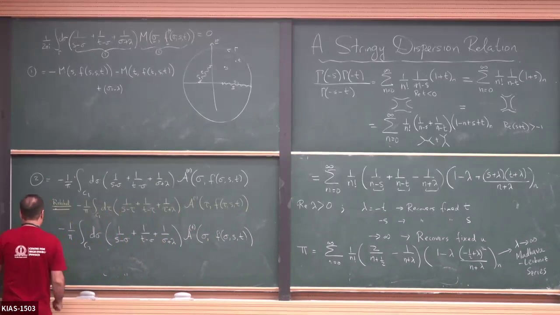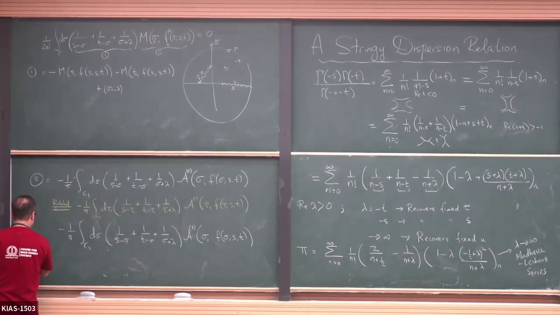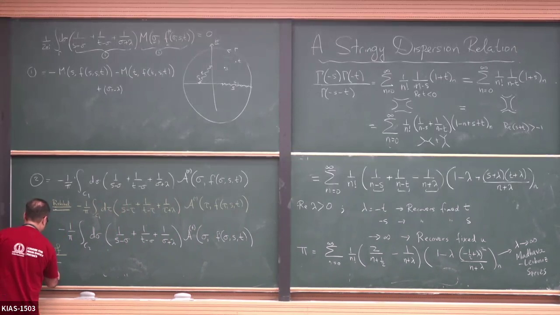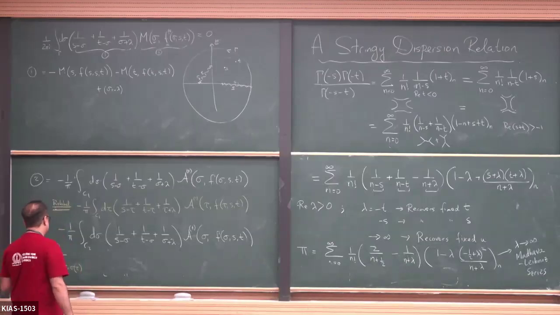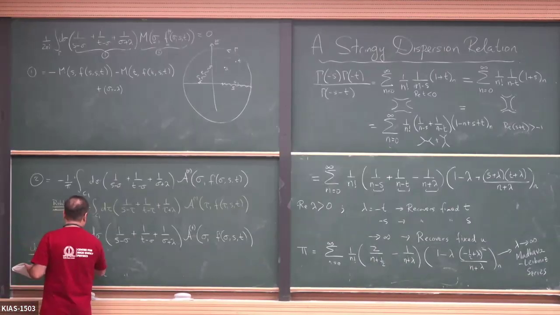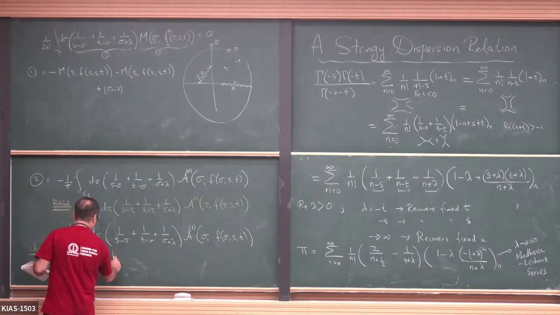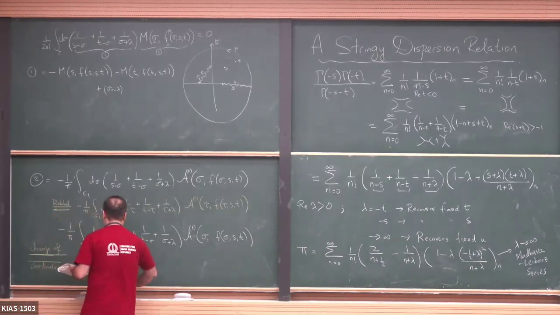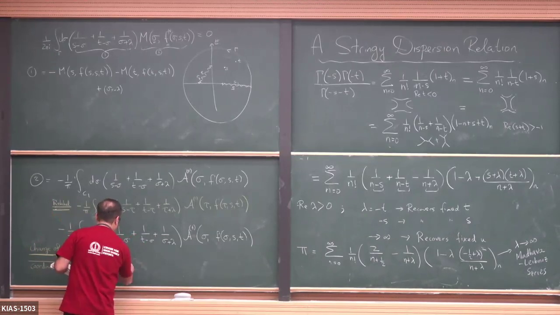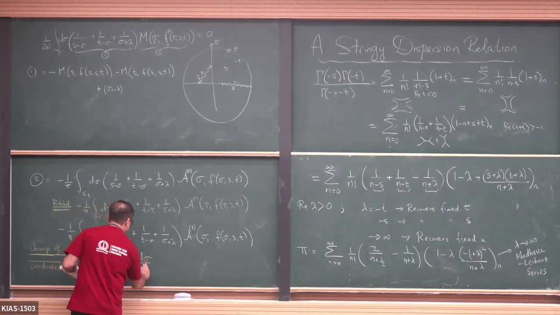And in the second line, this guy, I'm going to do a change of coordinates. A change of variables from sigma to sigma of tau. So that is going to give me an integral. So there will be d tau, and then this is going to be d sigma d tau.